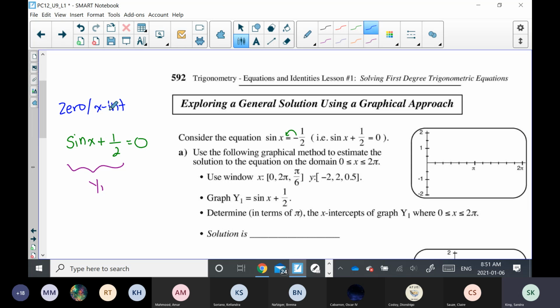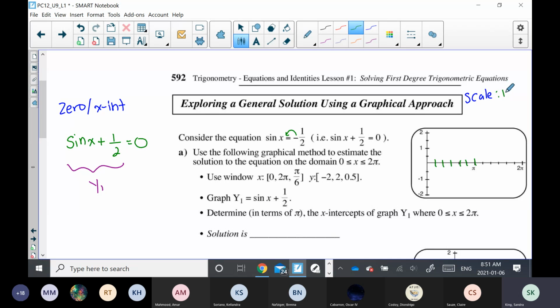So a few things. According to this window, we want our calculator to go from 0 to 2 pi. And then just to double check the scale, let's write the scale over here. Count how many hatch marks you need to get to pi radians: 1, 2, 3, 4, 5, 6.